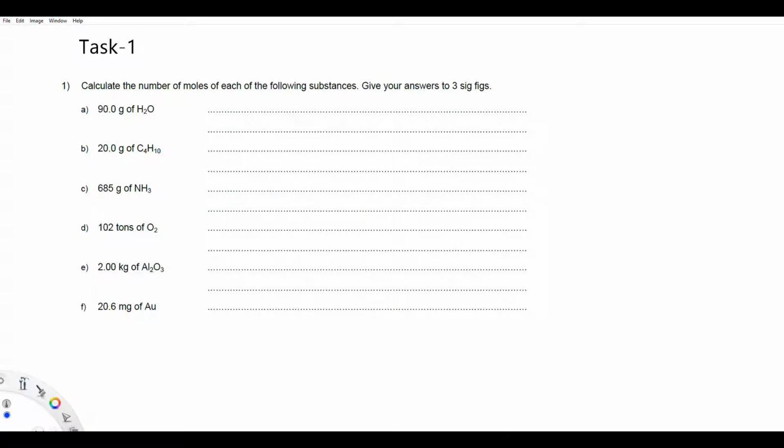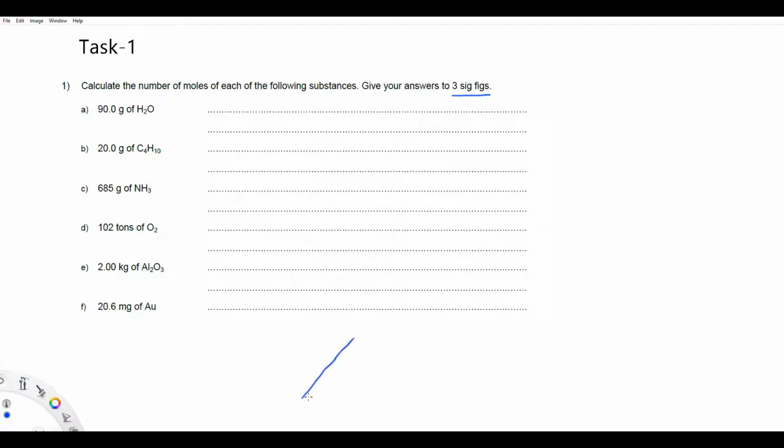So here is your first task. I'm going to go through A as an example. So in this question, we are asked to calculate the number of moles of each of these substances. And it's asking you to give the answers to 3 significant figures. So let's look at this first example. 90 grams of water.